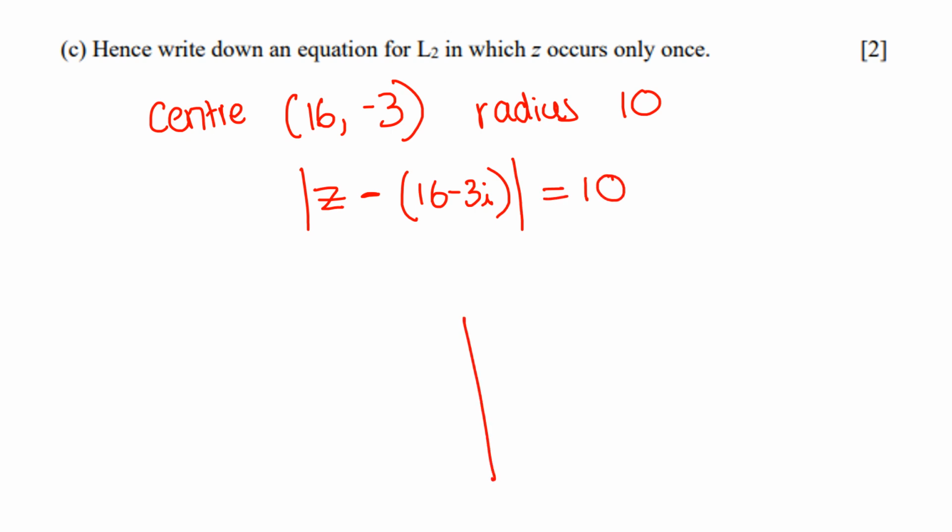So basically you've got your centre 16 along and 3 down, and the thingy must be 10 away from that, so like anywhere on that circle that goes around there, and that's L2. And I've missed off there, I shouldn't have written that, should I? Yeah, I should. Minus the complex number. Yeah, that's right. So that would be our answer.